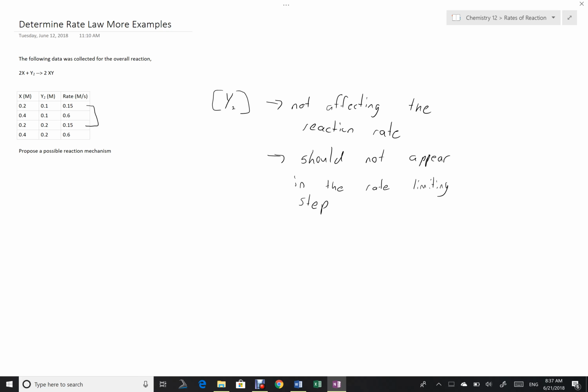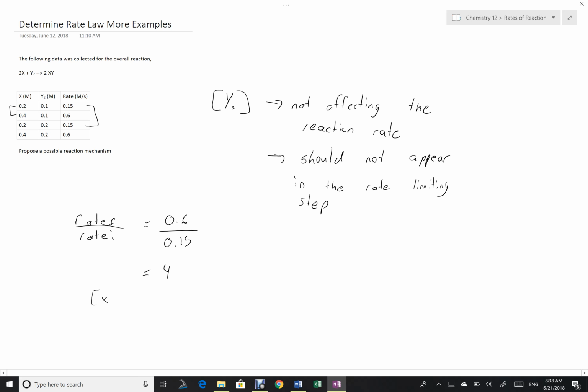Now, I'm going to look at the relationship between x and rate, and I'm going to focus on these two trials here where the amount of y stays the same. So here, my rate final divided by my rate initial is 0.6 divided by 0.15, or 4 times faster.